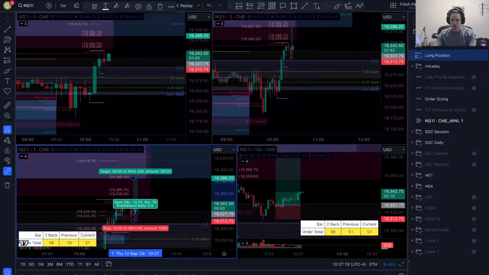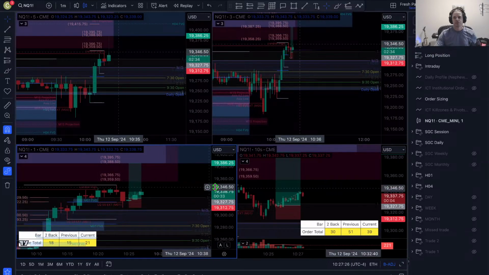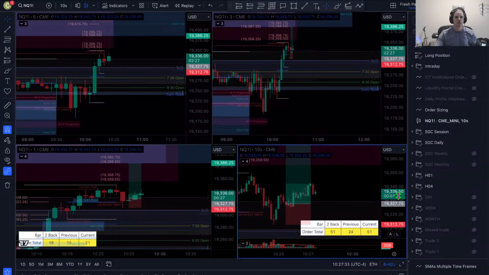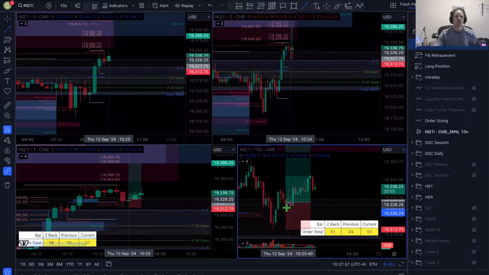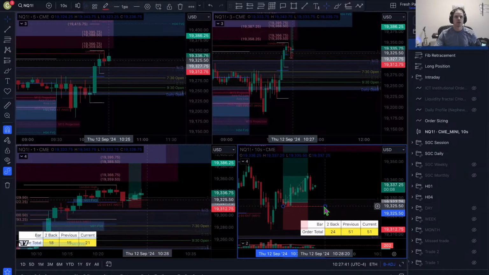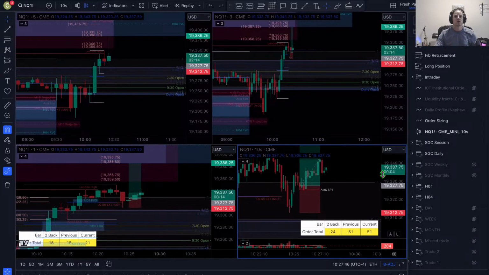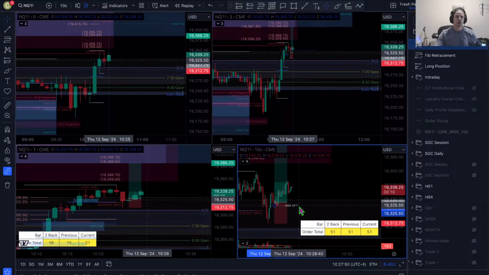I'll put my stop below the AMS entry target. So my stop's right here because this is AMS. Right there, that's AMS. So I put my trailer there as well.